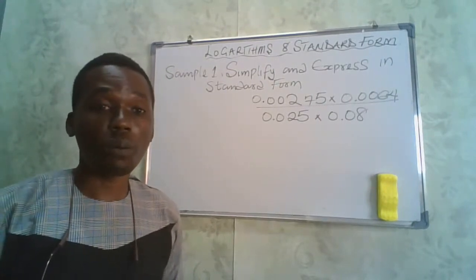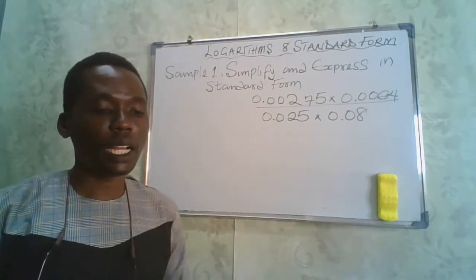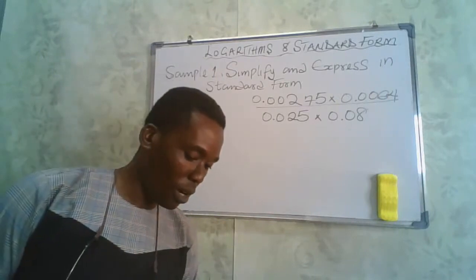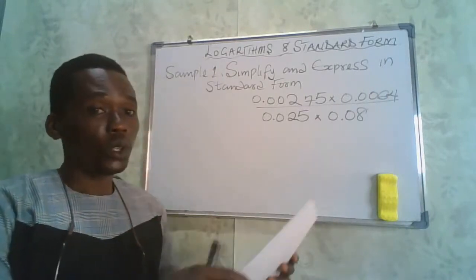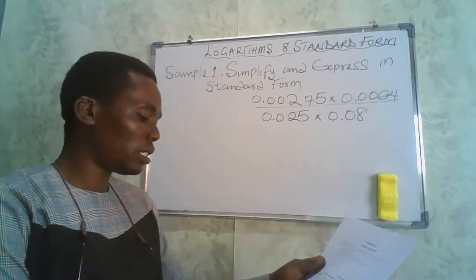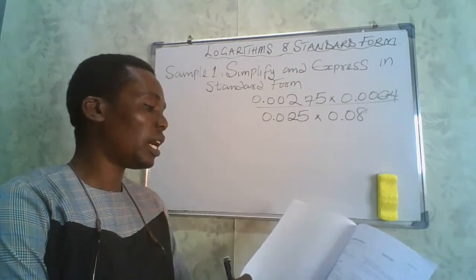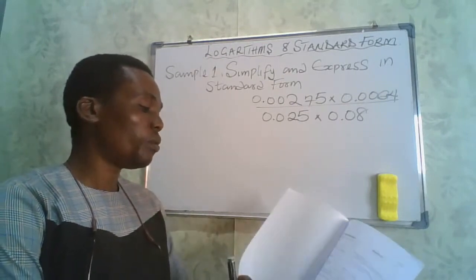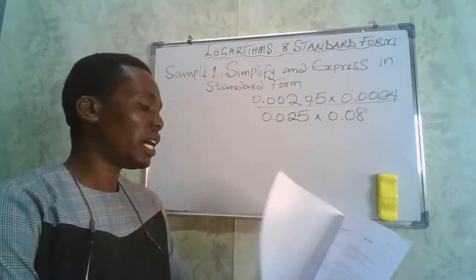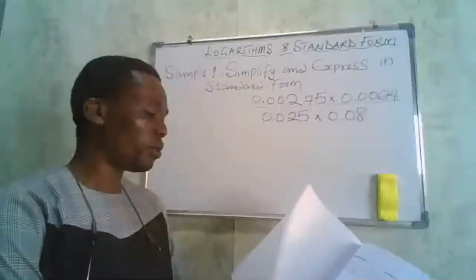This question is on number basis, and very soon we'll be looking at number basis. Now, according to your JAMB syllabus, we should be heading to the next topic, which is surds. So we'll be considering surds as we are taking the standard form. We'll be looking at surd operations.